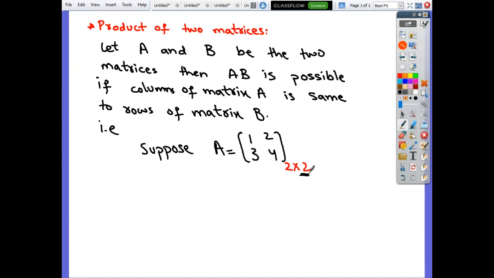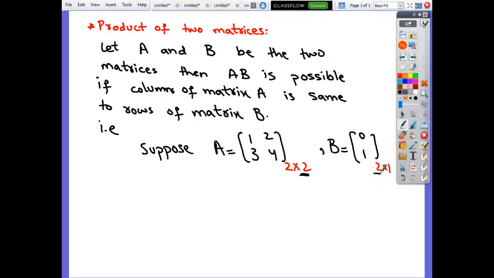And suppose another matrix B is 0, 1. In matrix B, there are two rows and one column.